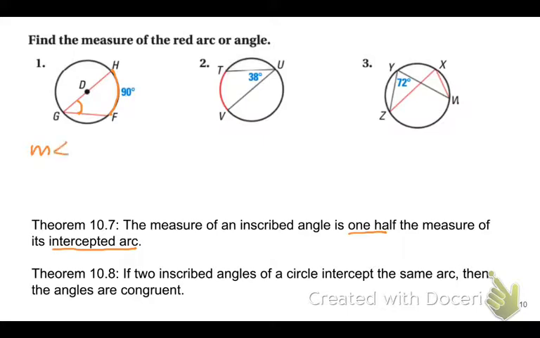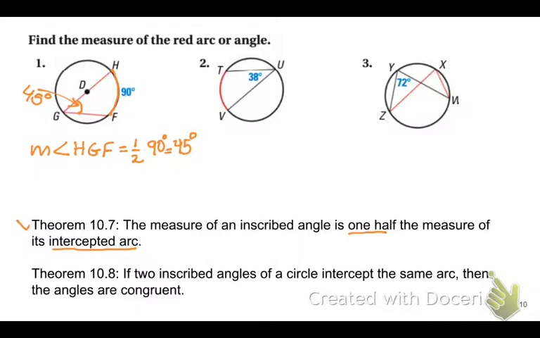So the measure of angle HGF has got to be 1/2 times 90 degrees equals 45 degrees. So we use theorem 10.7.